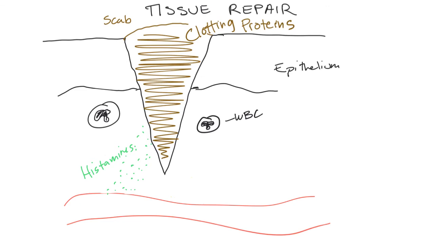There's lots of germs and bacteria and debris out there, and you want to get rid of that as soon as possible so infection doesn't continue. So inflammation and the collection of white blood cells are going to occur there.